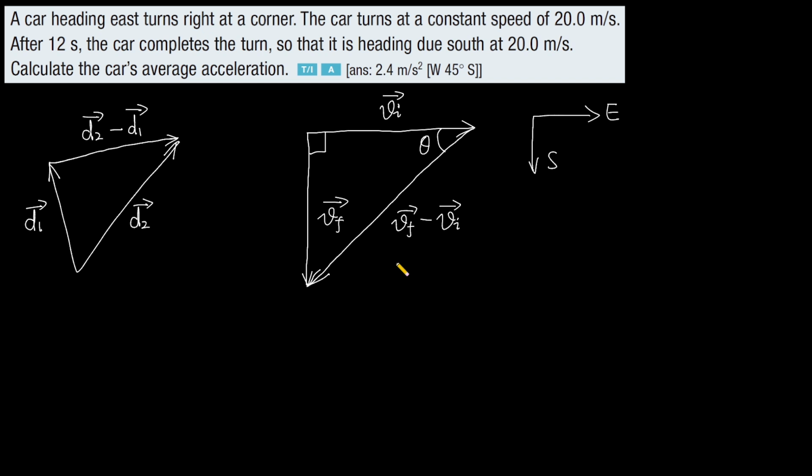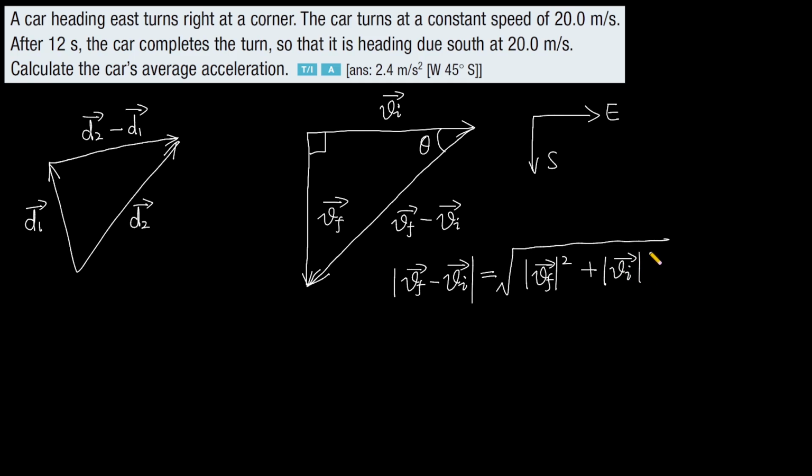So from the graph, we can know that the magnitude of the final velocity minus initial velocity just equals the square root of the magnitude of final velocity squared plus the magnitude of initial velocity squared.